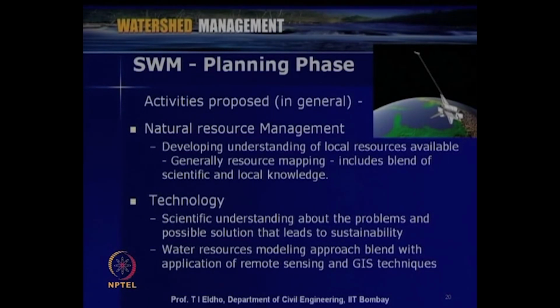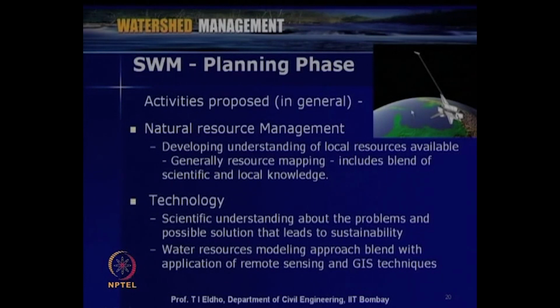We can go for some optimization techniques, for example, the use of water or the release policy from a reservoir, which we can optimize to get the optimal output from the development plans. As far as the water resource modeling approach is concerned, we can blend it with applications of remote sensing and GIS techniques, as we already discussed earlier.